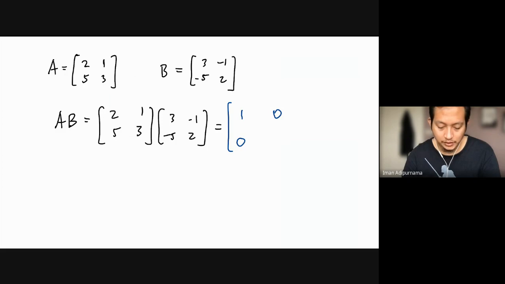And minus 5 plus 6 is 1. So it's the identity.